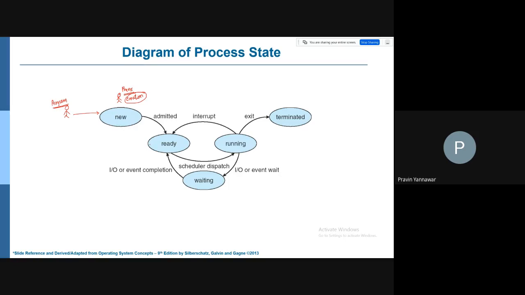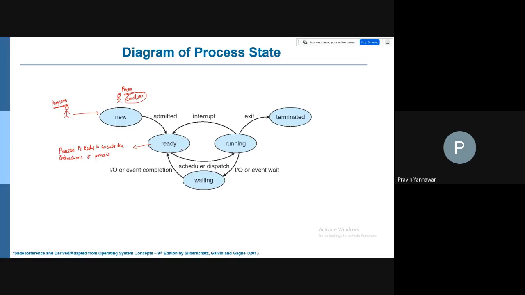By ready state, it means the processor is ready to execute the instructions of the process.